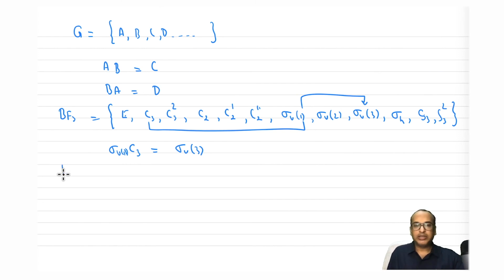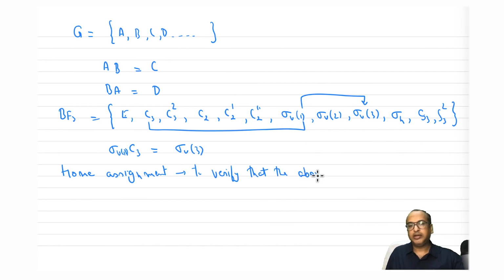Similarly, you should be able to test this out. Take it as home assignment number 2 for today, to verify that the above set of symmetry operations is a complete set.